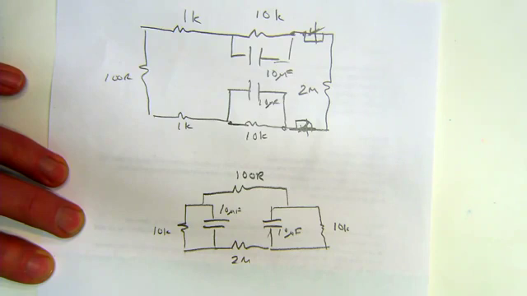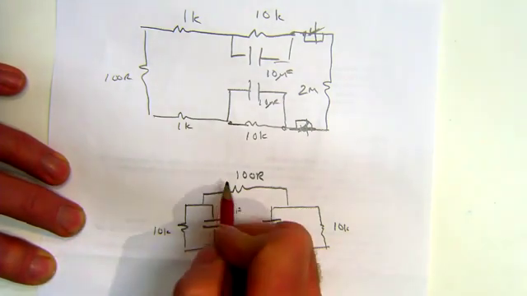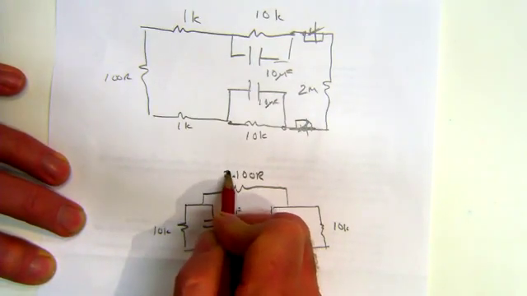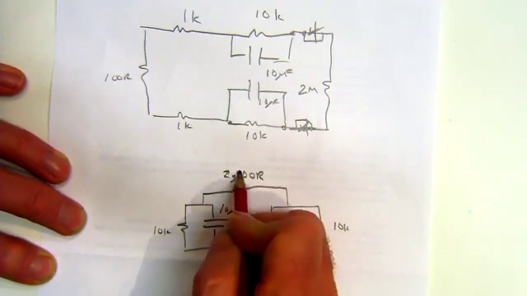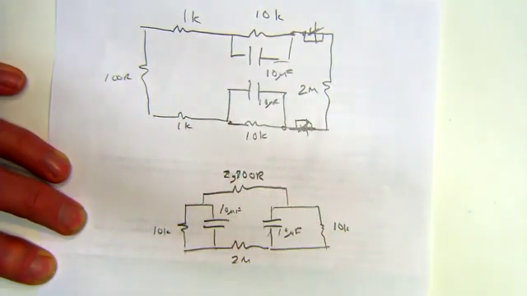The 1K resistors. Well, that's fairly easy. I'll just make this 2.1k ohms, 2100. Good. I've sorted that one out.